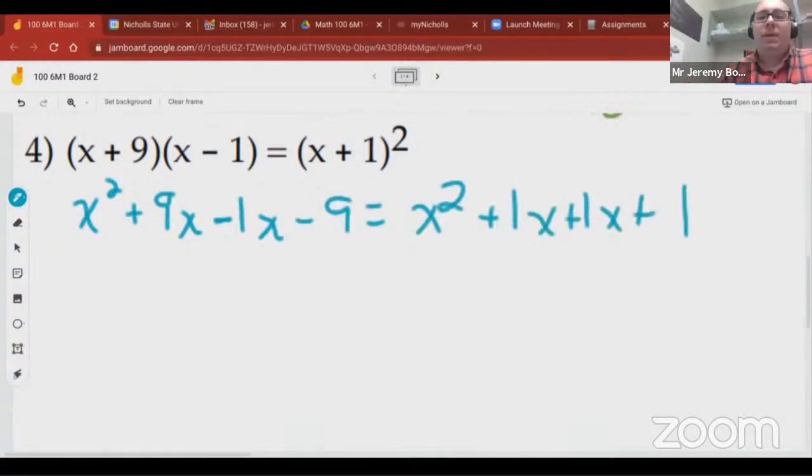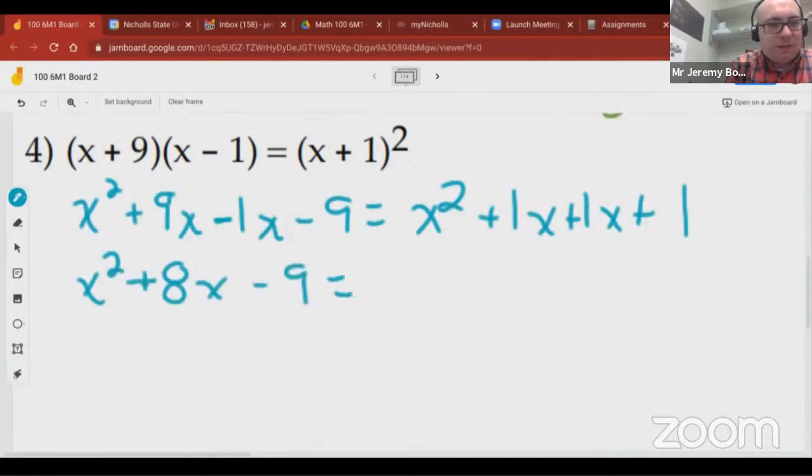Yeah, okay. And we can combine some like terms. We got 9x minus 1x. We can combine those. We have x squared plus 8x minus 9. And on the right-hand side, 1x, 1x. So we'll have x squared plus 2x plus 1.